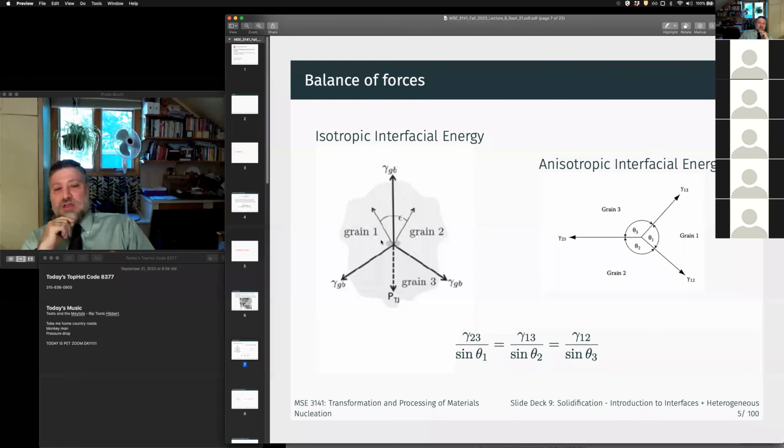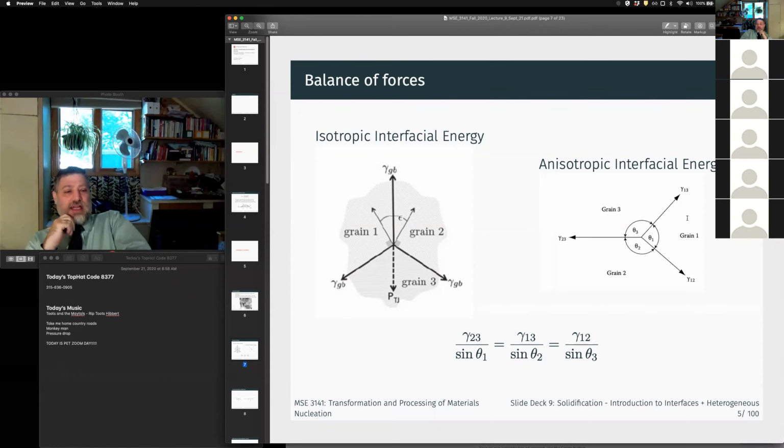Of course, all the forces are going straight through this rotational point, if we consider this triple point to be our axis of rotation. So that means that we have no net moment, right? But we do have to keep our balance of forces here, right? And if these three forces are equal, these three angles are going to be equal, right?